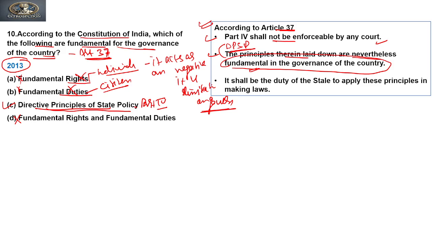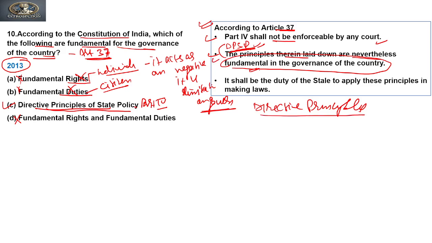These principles are in the form of directives, in the form of guidelines to state policies, on how the state should frame or design its policy, and that has been given under Part 4. Because of this nature, they are known as directive principles, right? Directives mean guiding principles to state policies.